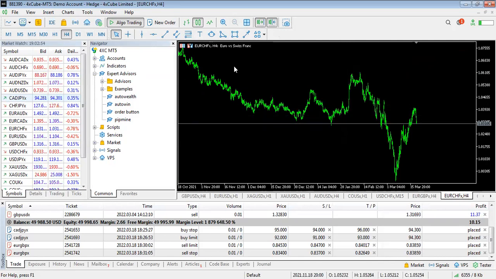I think it's going to be an interesting sell market for next week. Today is 18th March, so I think into next week I'll sell this pair. Love this. Okay.